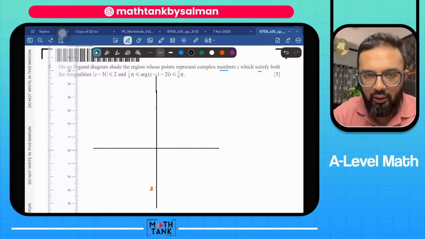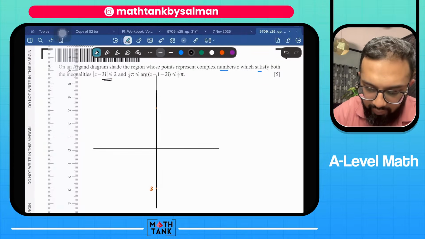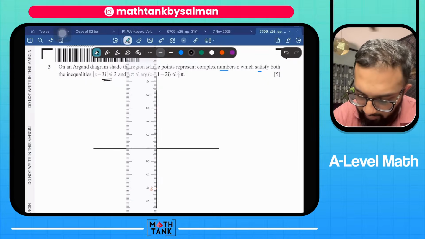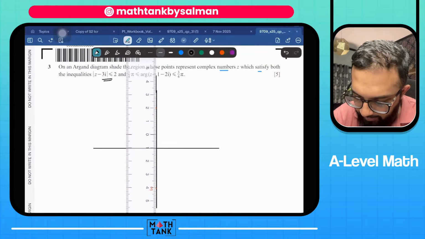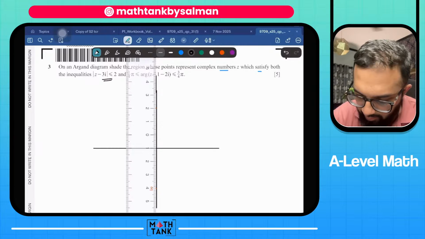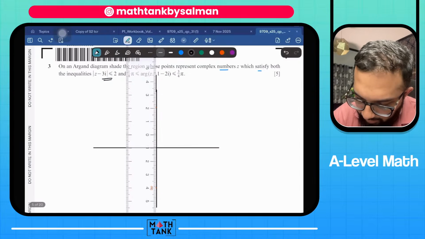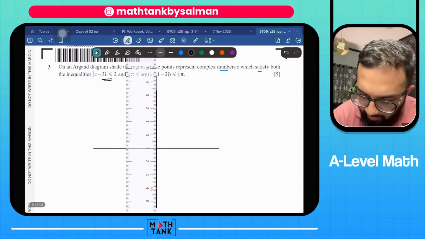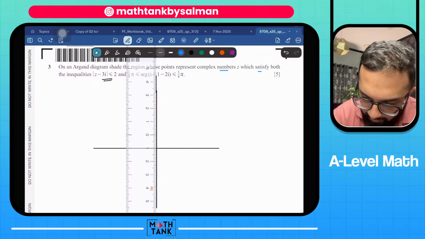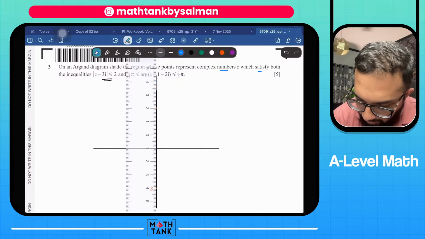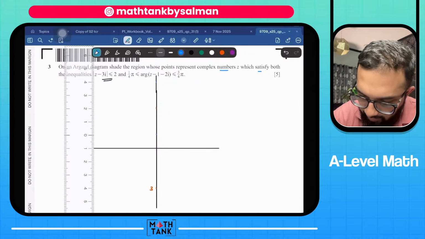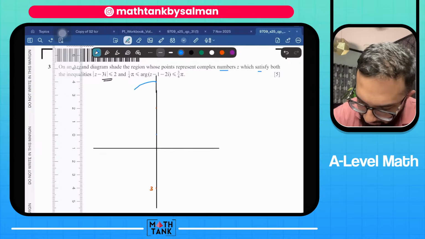Okay, so I need a circle first with radius of 2 and the center is at this. So I'm just going to mark 2 centimeters from here so that I can draw the circle for you. Okay, so the circle has to look something like this.